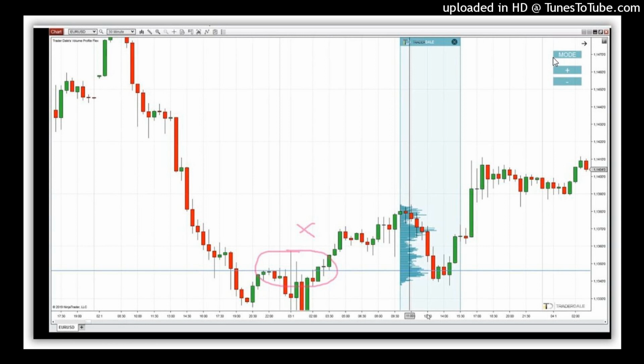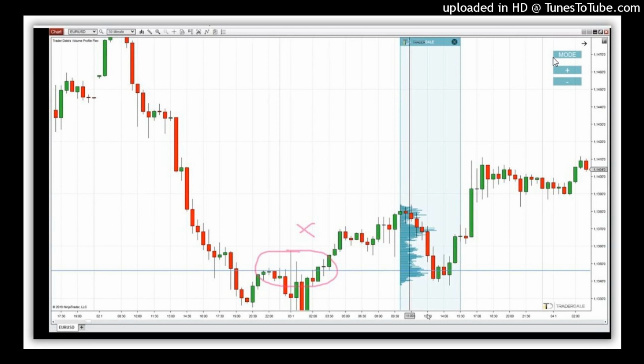Now, another strong rejection, stronger than this one, was this rejection, which occurred in this rotation. So let's have a look at how the volumes looked like. Alright, so the heaviest volumes in here were at this price level. So let's draw a line there.